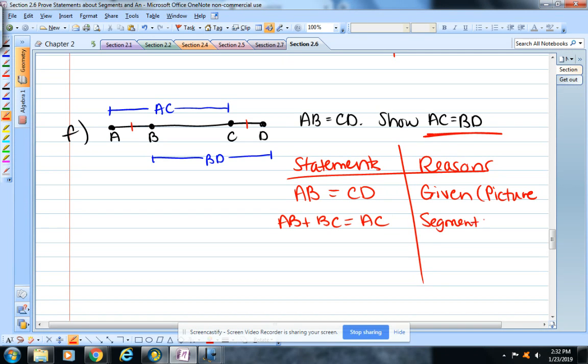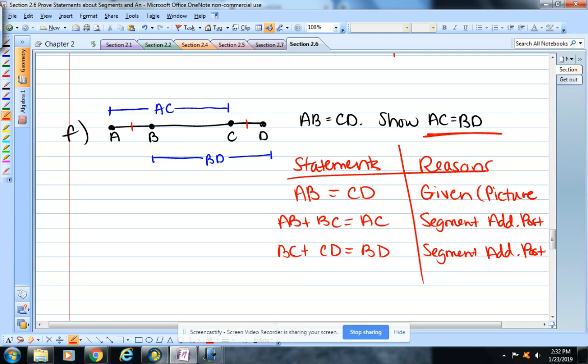Segment addition postulate. Okay. Likewise, tell me something about BD. How do I get BD? BC plus CD equals BD. Same reason, right? Segment addition postulate.